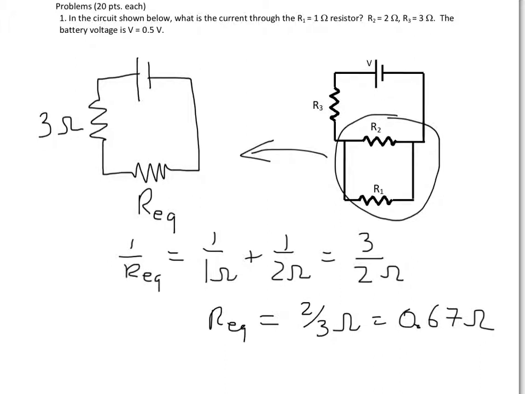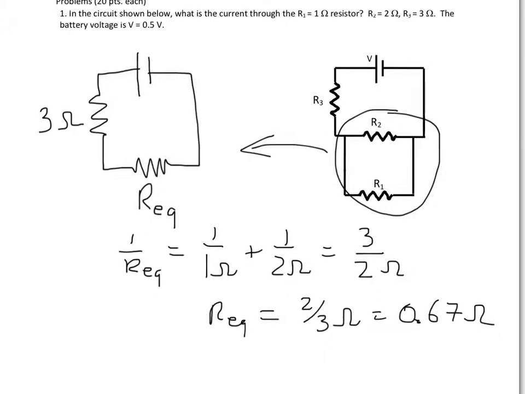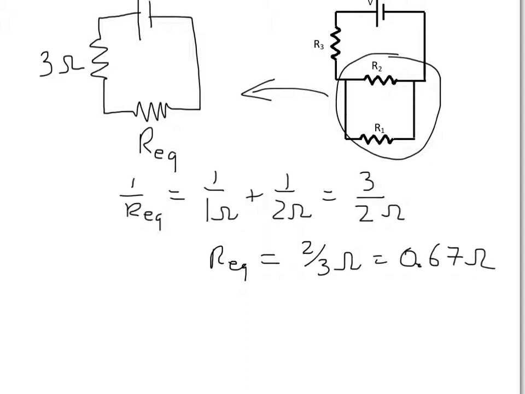Now then, to determine the voltage drop across the R1, I use the fact that the voltage drop across the equivalent resistor in this circuit will be the same as the voltage drop across R1 in that original circuit. So using the fact that this is a voltage divider, we know that the voltage drop across this resistor is proportional to its resistance, right? Because V equals IR.